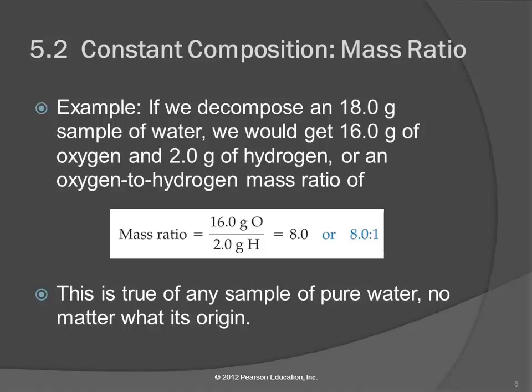So we could look at the oxygen to hydrogen mass ratio, the ratio of the mass of oxygen to the mass of hydrogen. So 16 grams of oxygen to 2 grams of hydrogen. That gives a ratio of 8.0, or 8.0 to 1. So for every 8 grams of oxygen, you're going to have 1 gram of hydrogen. And if you decompose samples of water that you got from different places, it would always be that same ratio.